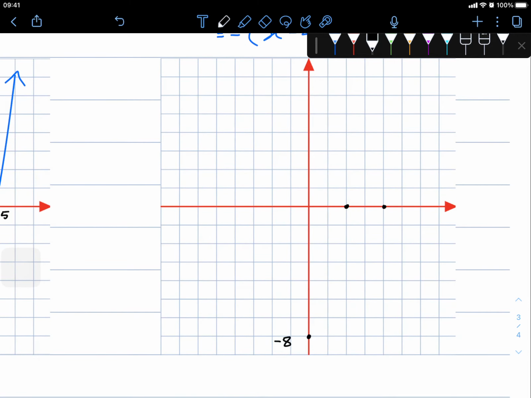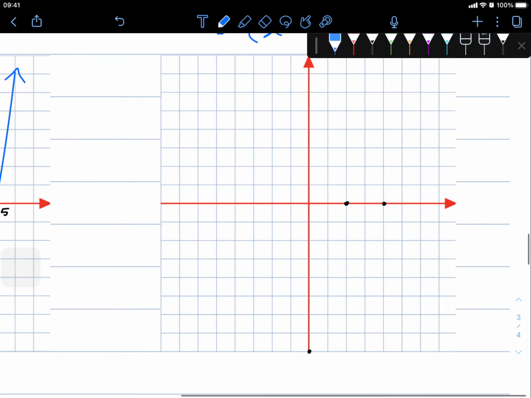So sketching this, actually, we can probably make this 100% accurate. 1, 2, 3, 4, 5, 6, 7, and 8 is actually right at the bottom there. So sketching this, we can actually make it symmetrical. That's 2 across, 2 across.